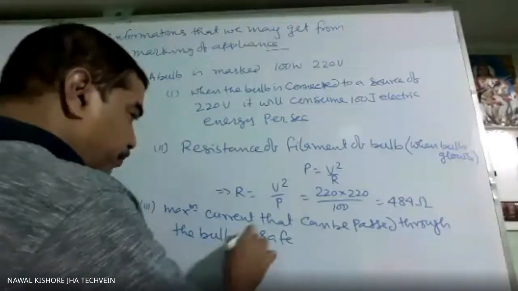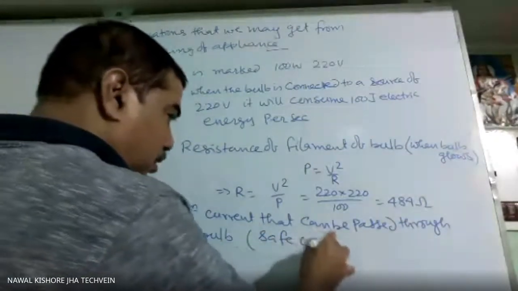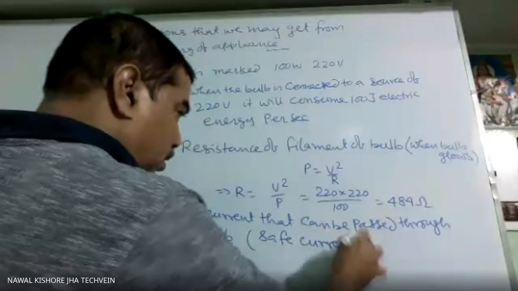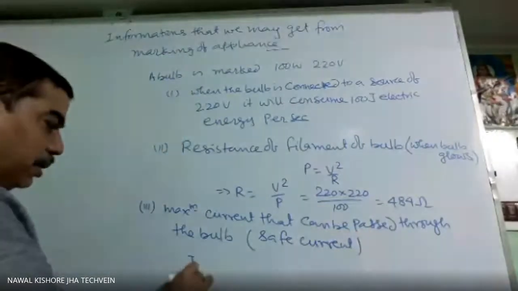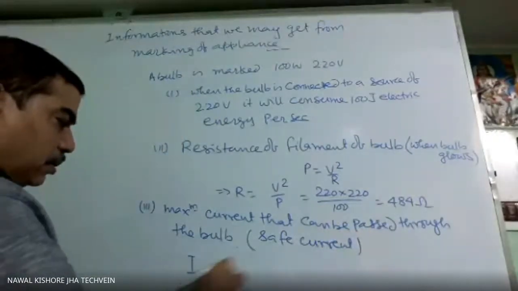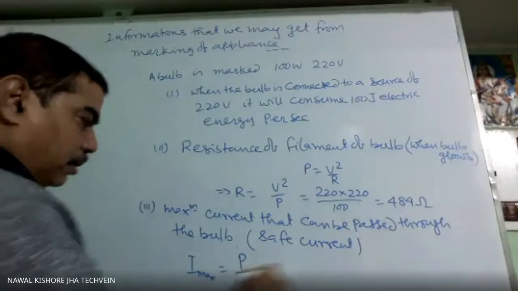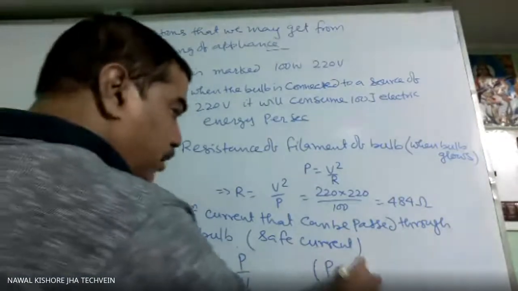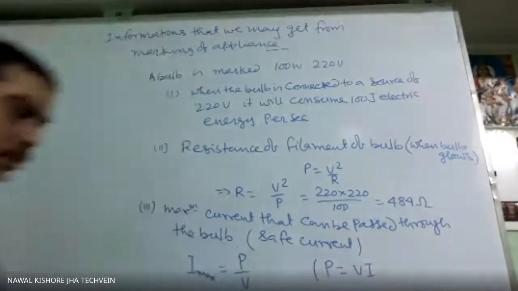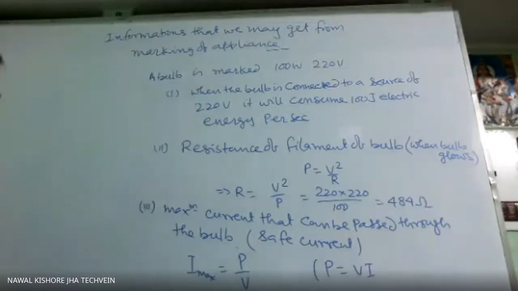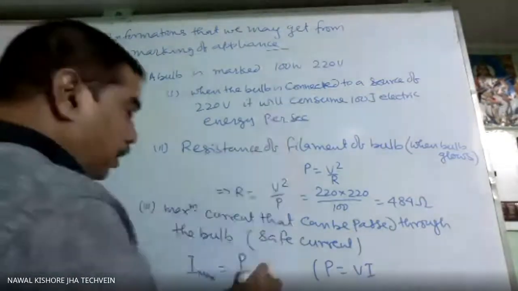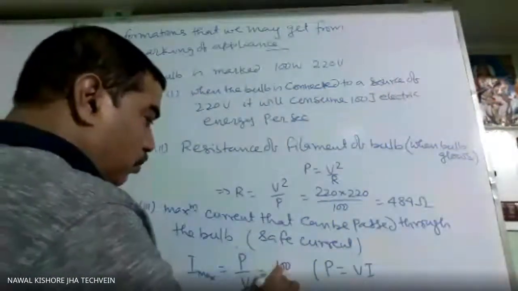No problem. So this I will be P by V, and you know this P is V into I. So we can find that, which is 100 over 220 volt.